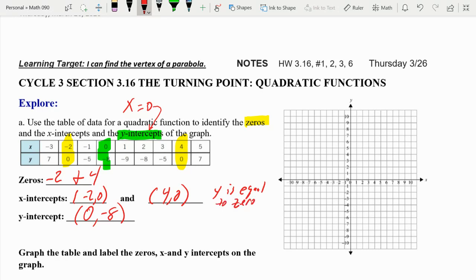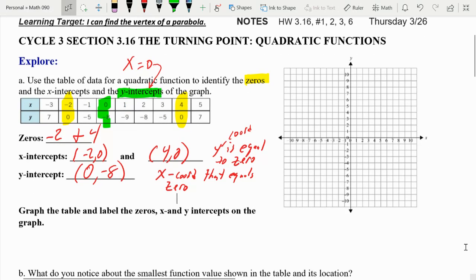Sorry, that looks really sloppy, but you guys get the idea. And then for the y-intercepts, the x-coordinate equals 0. So we all good here? Yes? All right, so we move down.